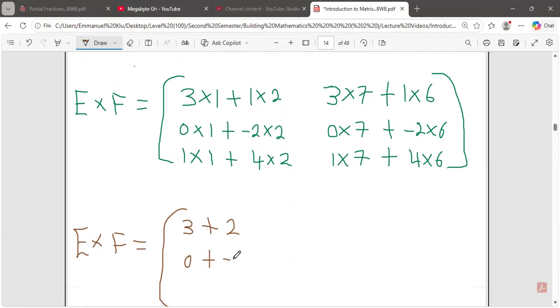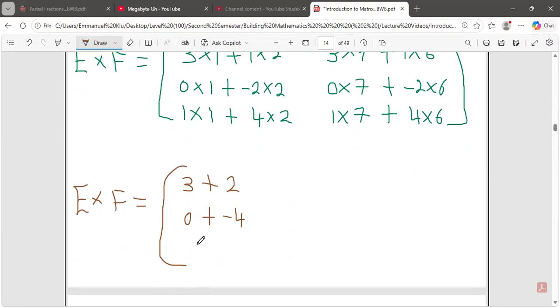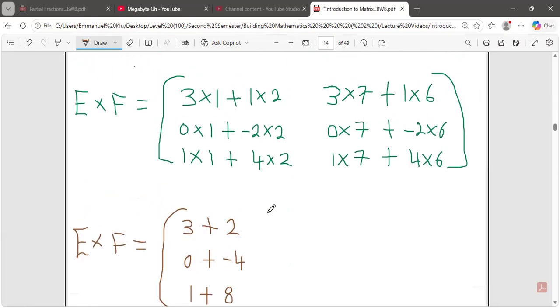So it's going to become negative 4. Okay. Yes. 1 times 1 is going to give us 1, plus 4 times 2 is going to give us what? 8. Yes. Since multiplication and addition is commutative, anyhow we change them, they still give us the right answer we are expected to have. Very, very good.